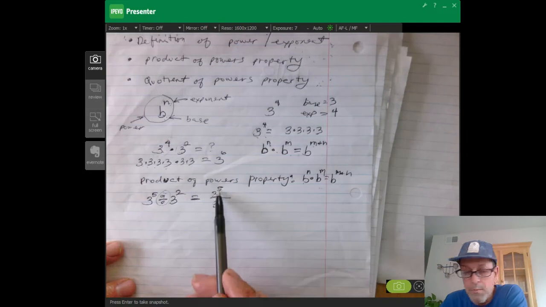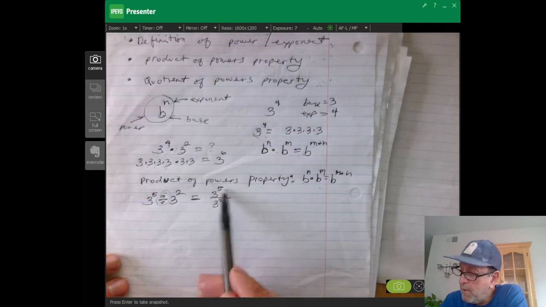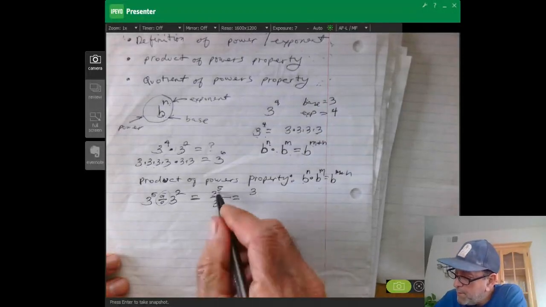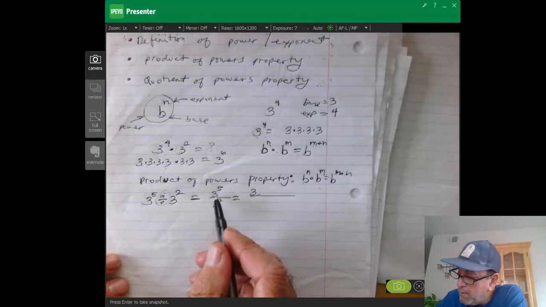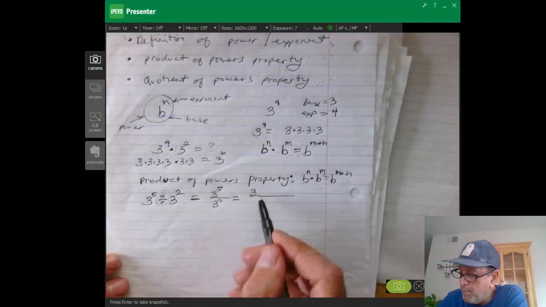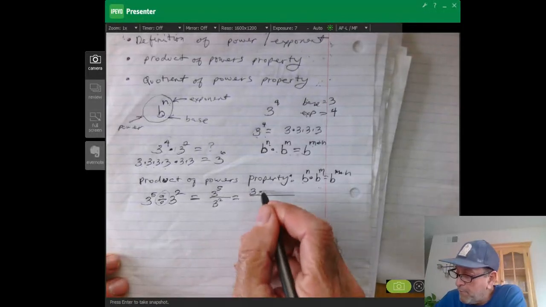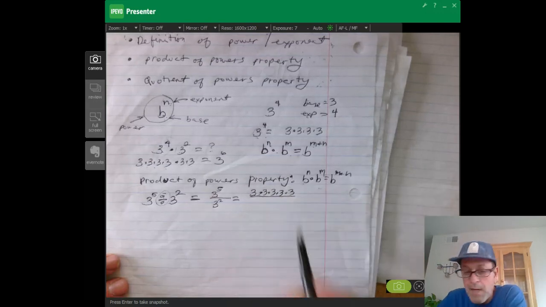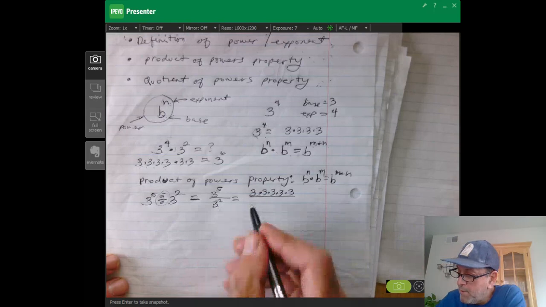Just like we did up here, we're going to use the definition of exponents and powers to rewrite this. In the numerator, we use that base 5 times in our multiplication, so we have 5 3's.